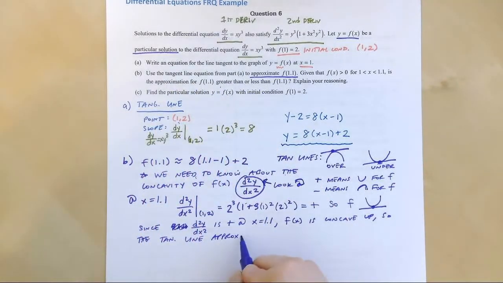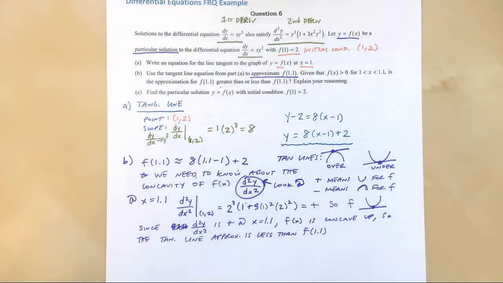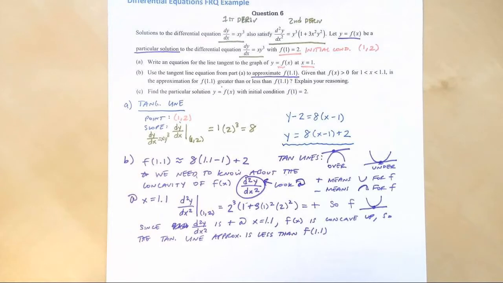The tangent line approximation is less than f of 1.1. And that's how we would finish that one off.